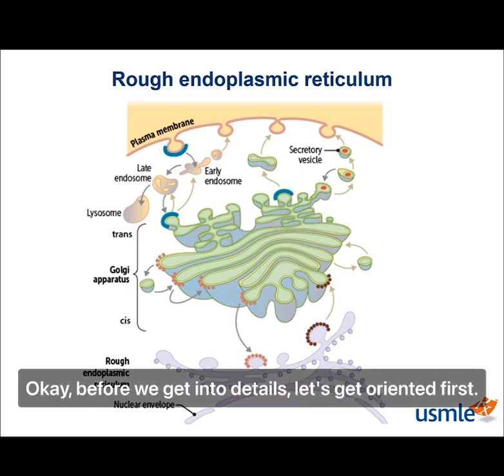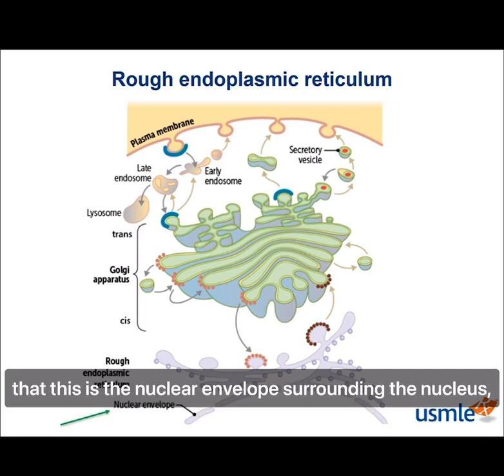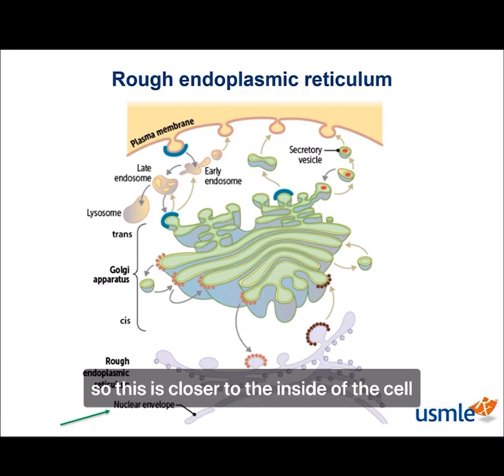Okay, before we get into details, let's get oriented first. Recognize that down here where this green arrow is pointing, this is the nuclear envelope surrounding the nucleus. So this is closer to the inside of the cell.